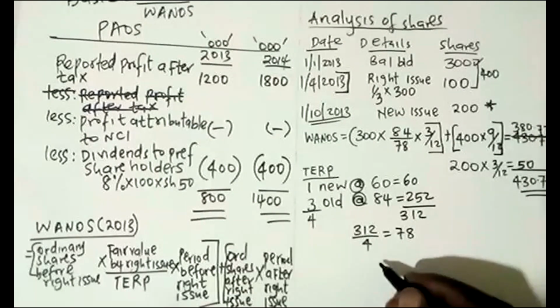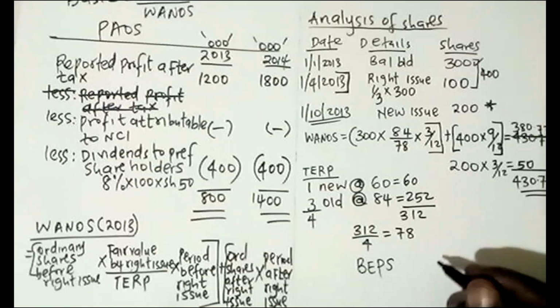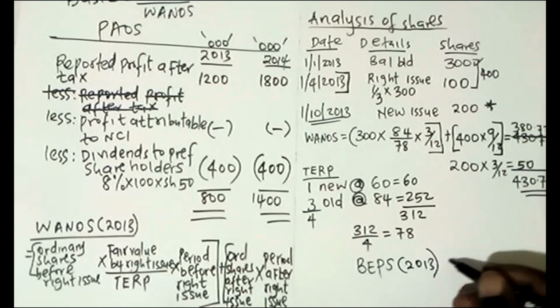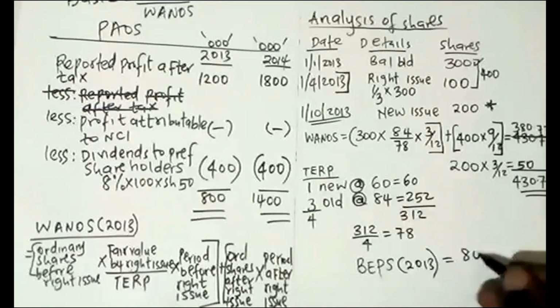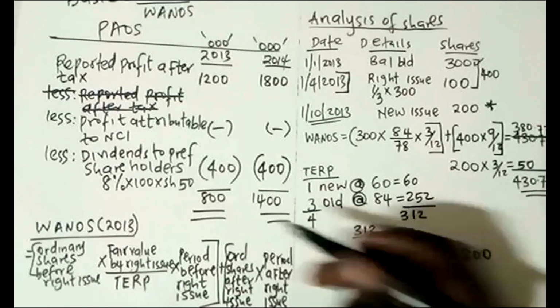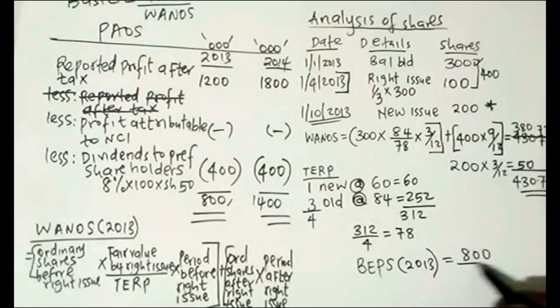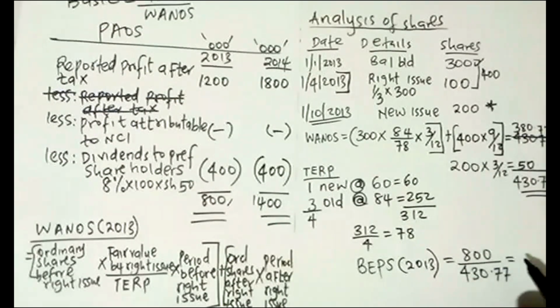And that means that it's like we are done with 2013. So we can give out the basic earnings per share for 2013, which is supposed to be 800, which is the profit attributable to ordinary shareholders. You divide with 430.77. 800 divided by the answer.